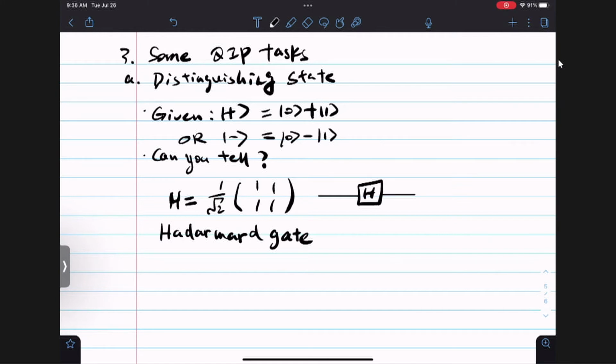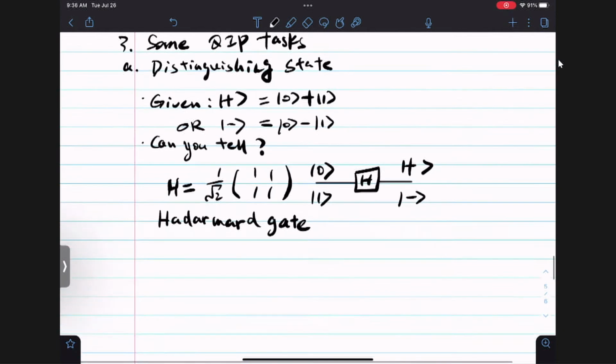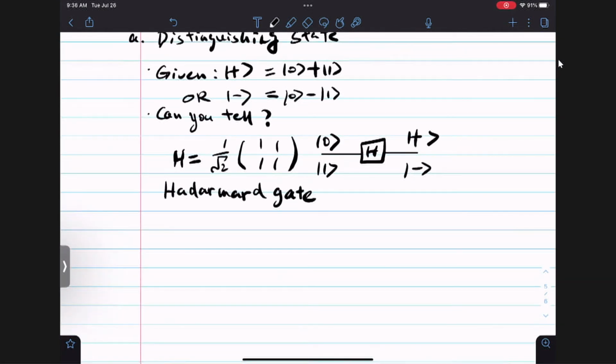You can work out the matrix multiplication. If the input is |0⟩, it's going to map it to |+⟩. And if the input is |1⟩, then it maps to |−⟩. In fact, if you just apply it one more time, you get back to identity.